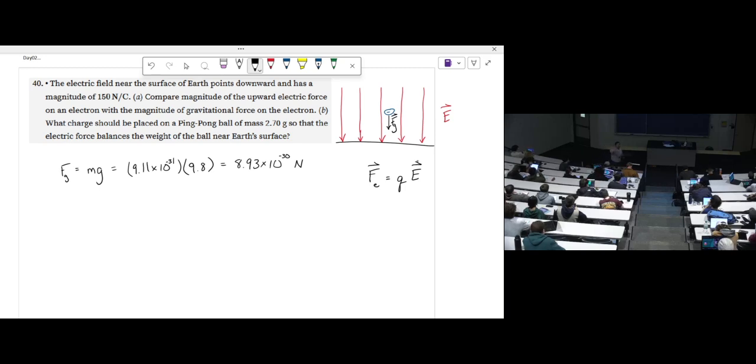So the electric field is down, so since the charge is negative, we have to flip the direction. So the electric force is upward in this case. Yes. And I can't draw this with appropriate magnitude, as you'll find out here, but the electric force, as we're about to find, is going to be much, much greater on this electron than the gravitational force is.